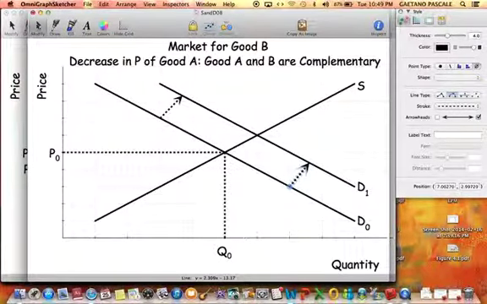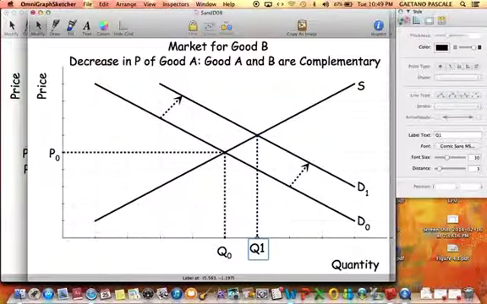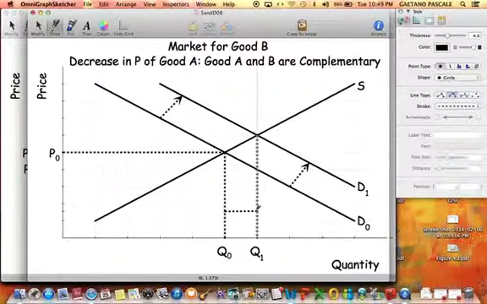Now from this, if we want to determine what is going to be the new equilibrium price and quantity, once again we go to the new equilibrium point. That's where the new demand curve intersects the original supply curve. If we go to that point and straight down, that gives us the new equilibrium quantity. So that is Q1. And if we want, draw a little arrow in to indicate that the equilibrium quantity increased because of this change in the marketplace. So the equilibrium quantity increased from Q0 to Q1.